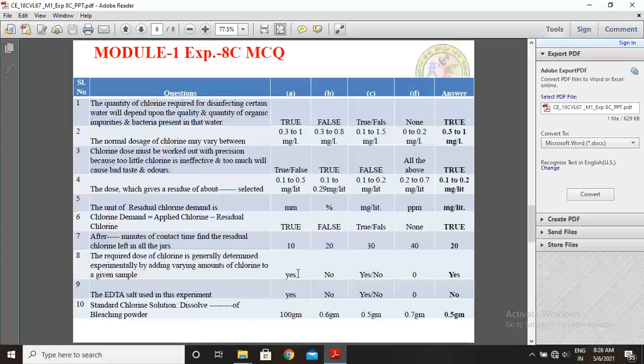Options: yes, no. Correct answer is yes. The EDTA salt is used in this experiment. Options: yes or no. Correct answer is no. Standard chlorine solution equals dissolve dash of bleaching powder. Options: 100 gram, 0.6 gram, 0.5 gram, 0.7 gram. Correct answer is 0.5 gram.